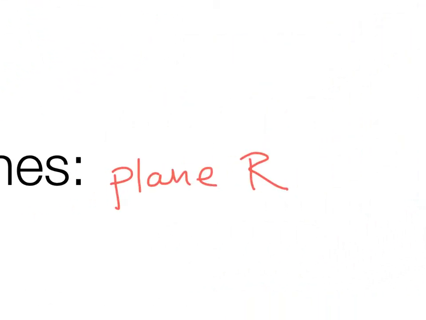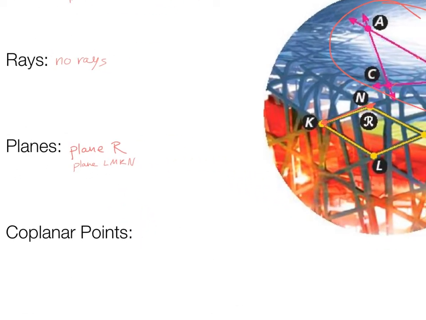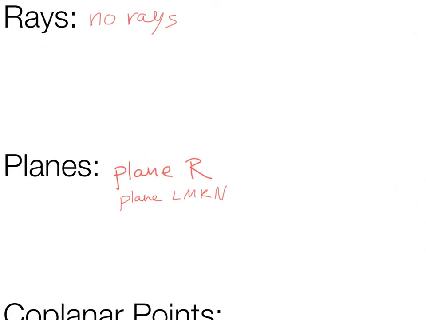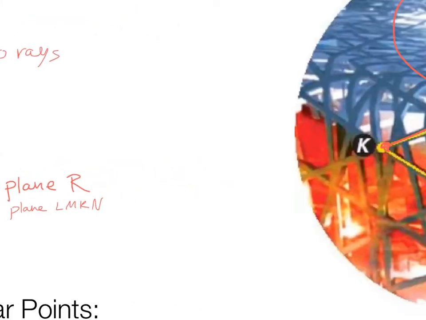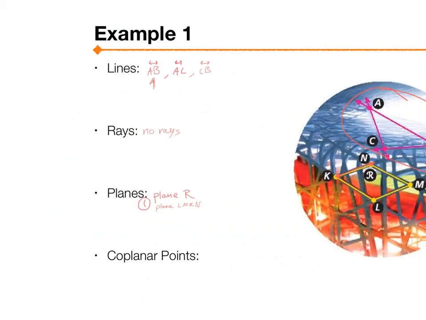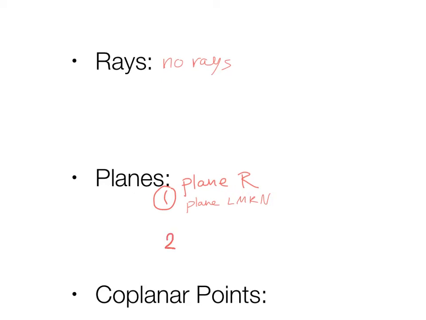So we can call this plane LMKN. But this is just one plane. These are 2 names for one of the planes. What's another plane in here? ABC. And we can call this plane ABC.